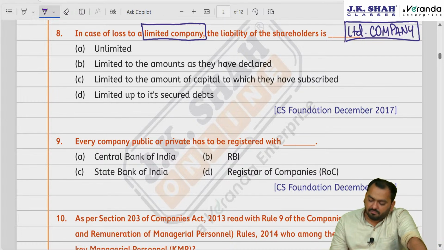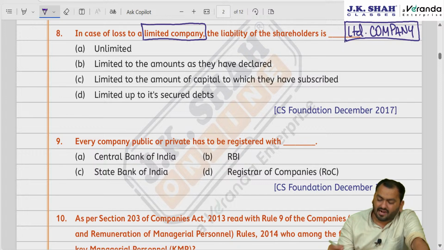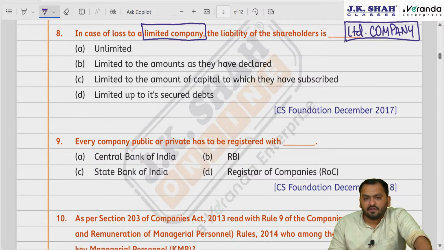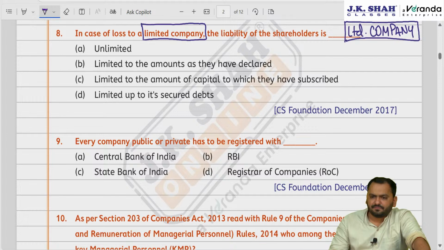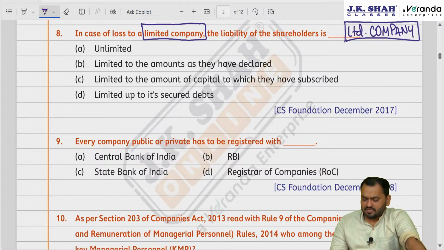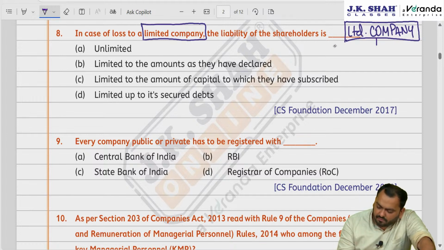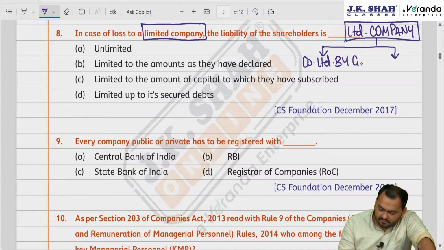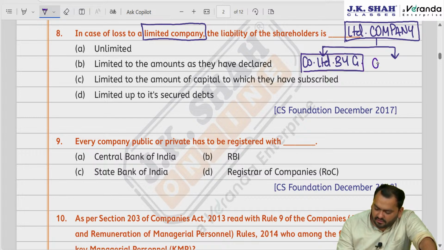In a limited company, obviously the liability of the members of such a company is limited, correct? But how much? So in a limited company there are two subcategories. One is company limited by guarantee and another is company limited by shares.